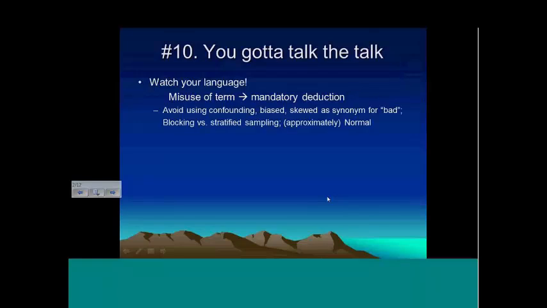Here are a few examples. A number of students tend to throw around words like confounding or biased or skewed in more everyday language, but they don't mean them in their technical statistical sense. When the reader sees those words, they're trained to read them exactly as they're written. So another couple of examples have to do with distinguishing blocking in experiments from stratified sampling.